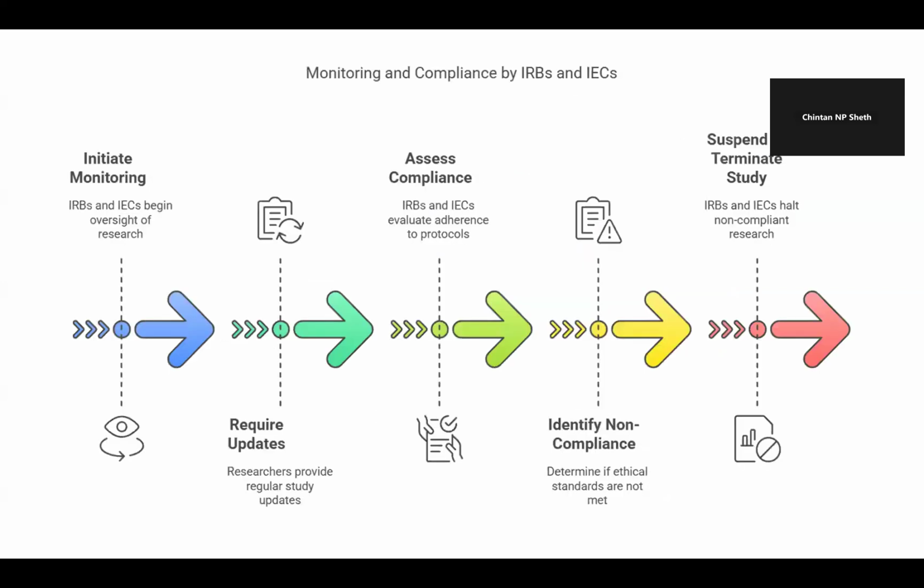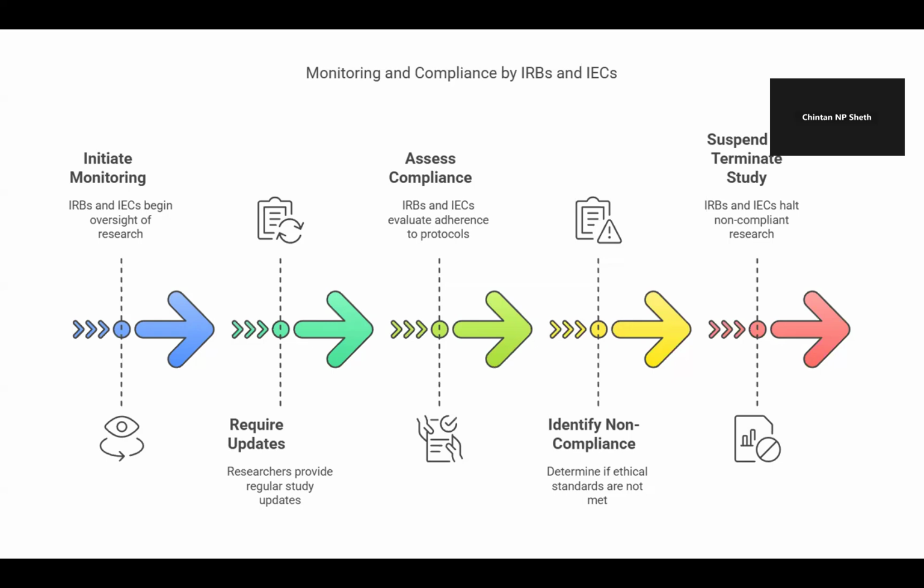In an overview, this slide explains how IRB and IEC ensure ethical oversight, starting with the very first step of inception of a clinical trial, that is, clinical research protocol review. They start monitoring the ethics from this point onwards.